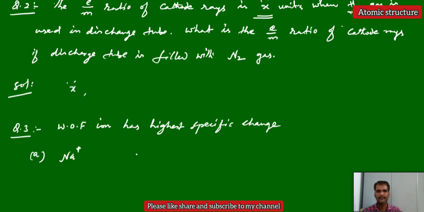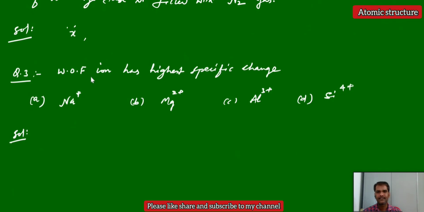You have sodium plus, magnesium 2 plus, aluminum 3 plus, and silicon 4 plus. Now check which is having highest specific charge.